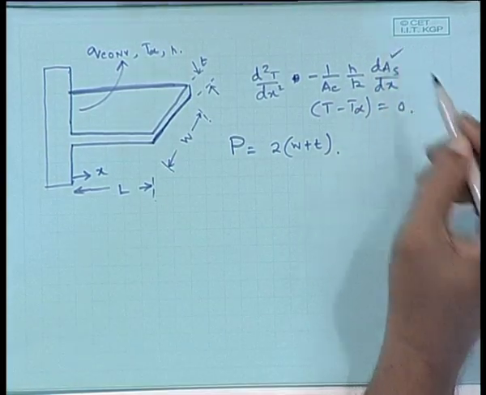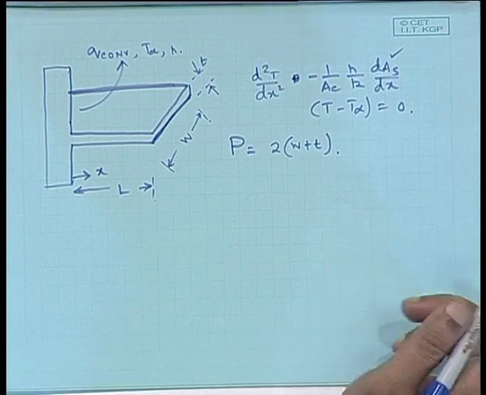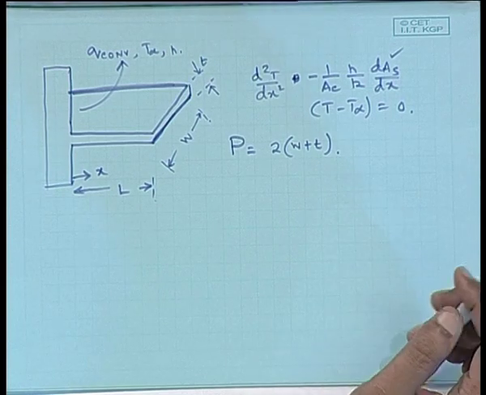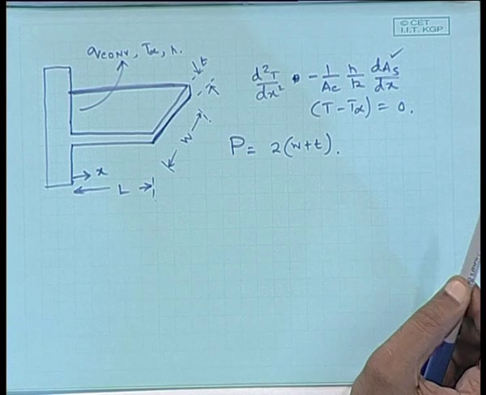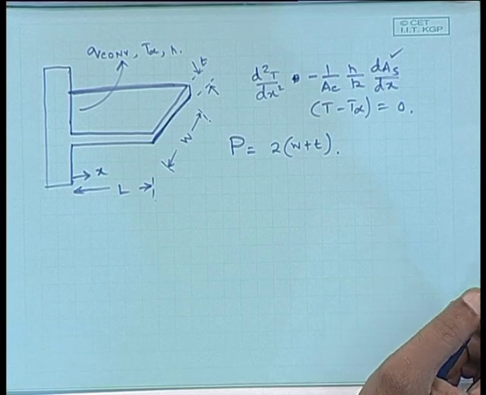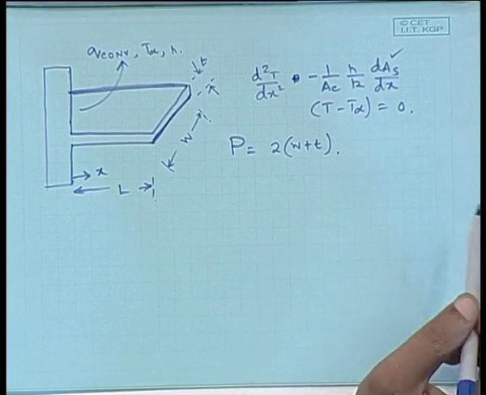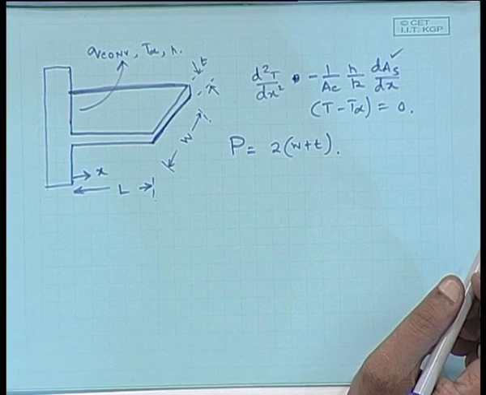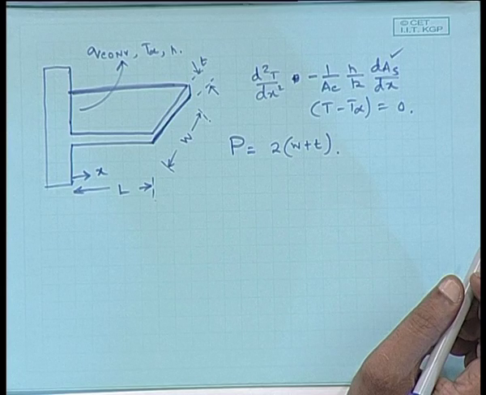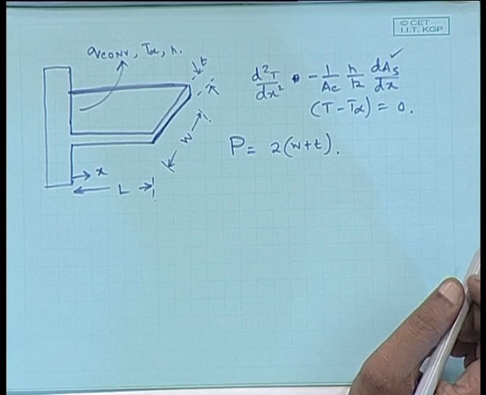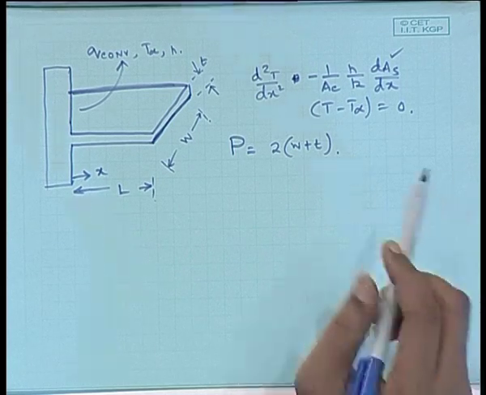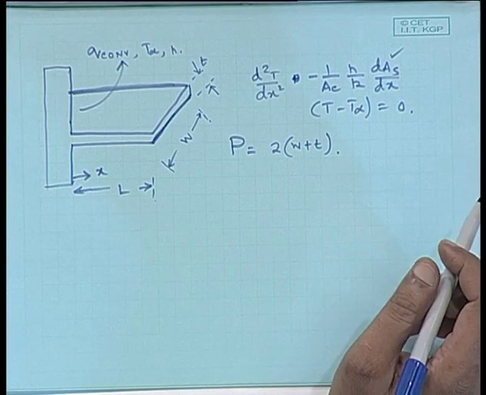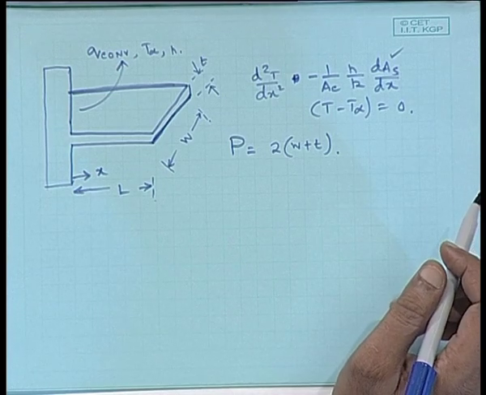What is the value of dAs dx? It does not vary with x, or is it a constant? Should it be 0 or a constant? What is the value of that constant?